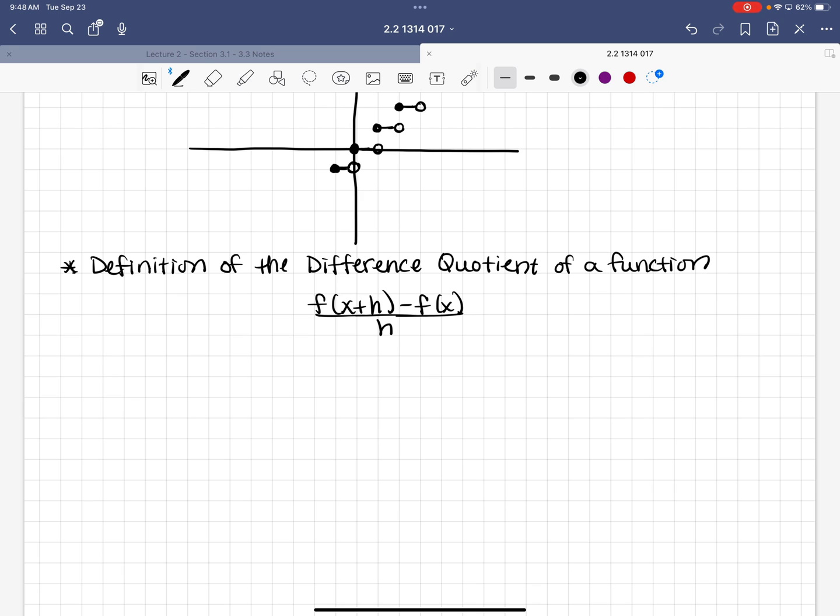We use the difference quotient when we begin to talk about limits, okay? At the end of pre-cal and the beginning of calculus. The very beginning of calculus is limits, and derivatives. If you take a derivative by definition, you're taking the limit as h approaches 0 of f of x plus h minus f of x all over h, okay?